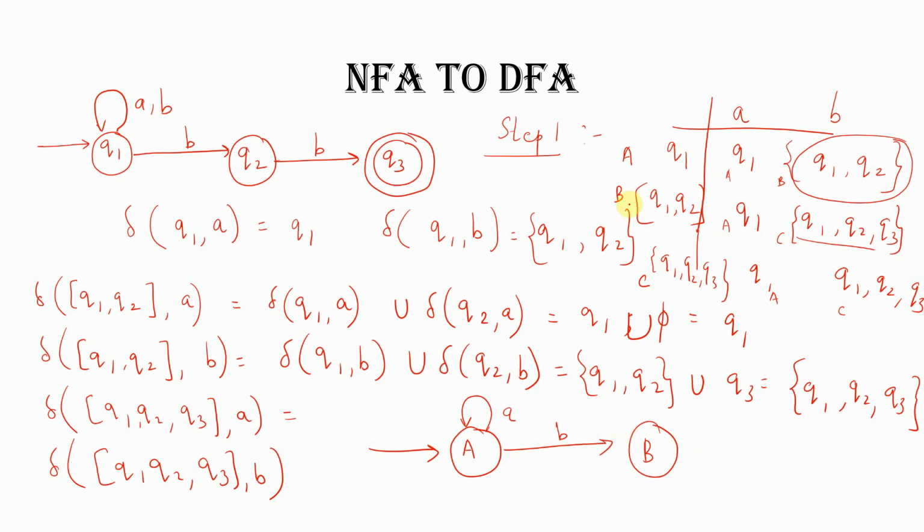Then consider the next step here. If you are in state B and you get A, you go to state A. So from here, if I get A, I'll go to this state.